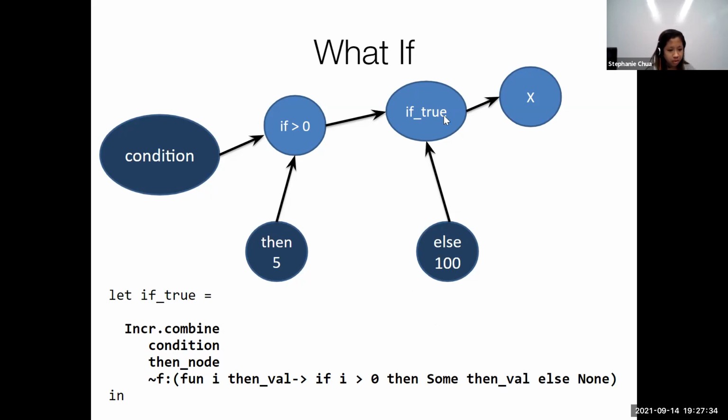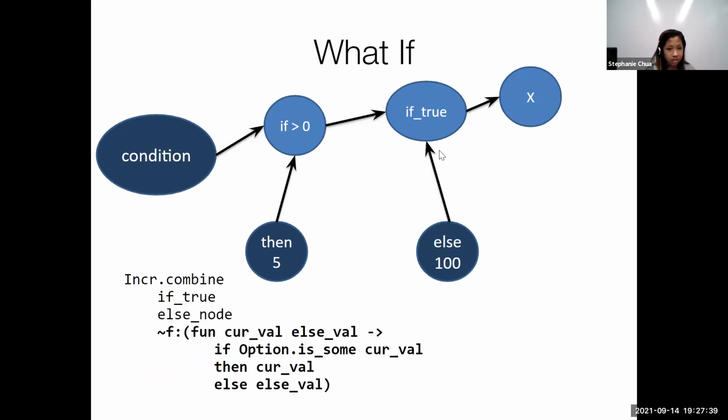All right, so we have the if true node. To get x, we call incr.combine again on the if true node and the else node, and we pass in another function f. This function f takes in 2 arguments, cur_val and else_val. Again, cur_val is based on the if true node and else_val is based on the else node. What we do now is check if cur_val is Some, so we check whether it's None or not.